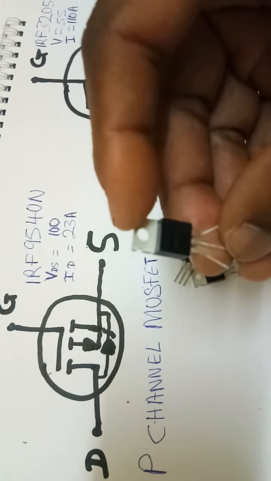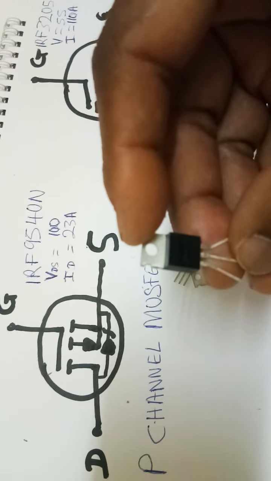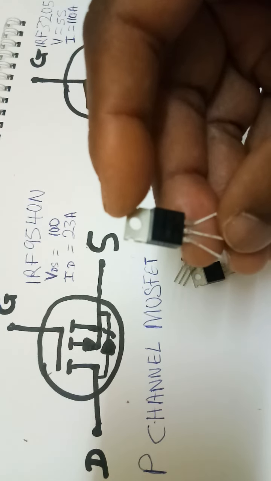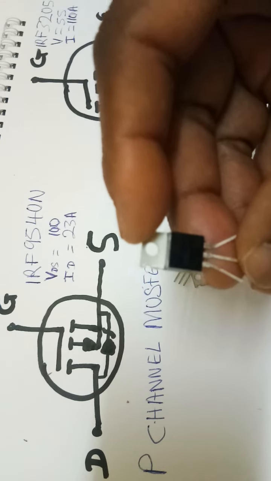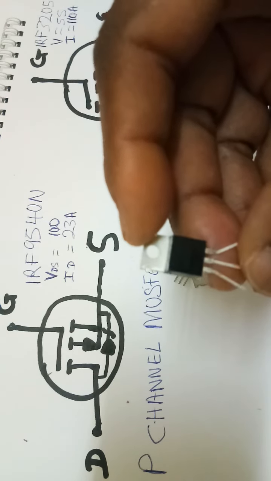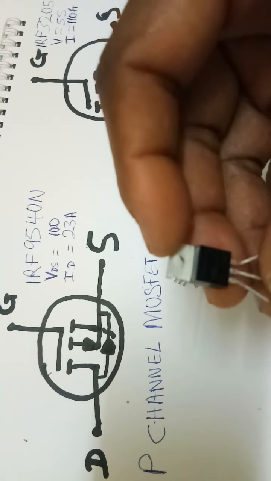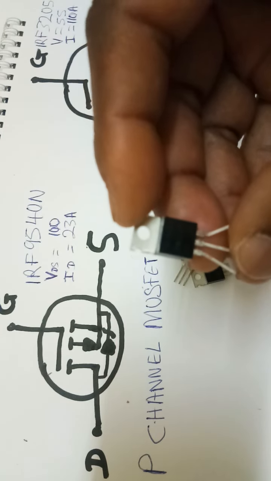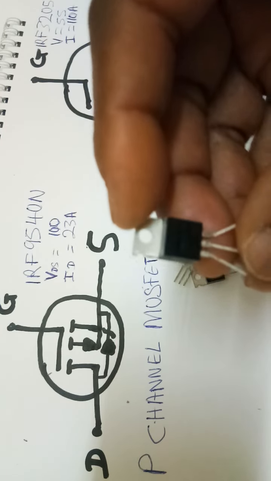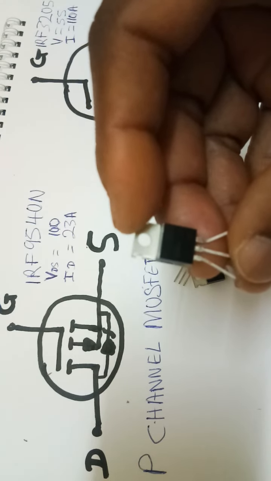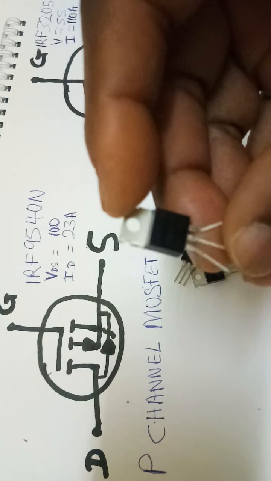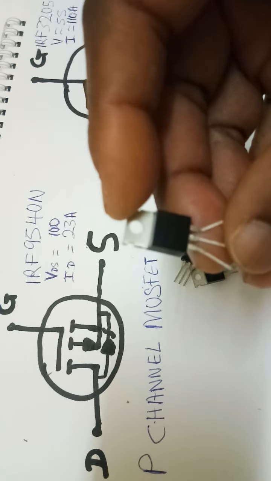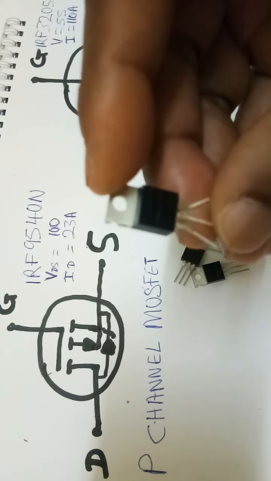Transistors are used where less current is needed, but this MOSFET can handle current up to 110 amps or more, depending on the type of MOSFET.